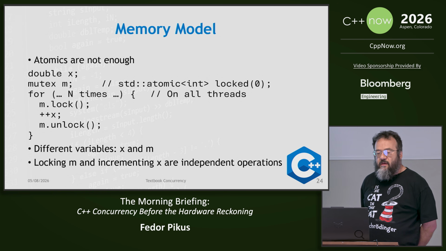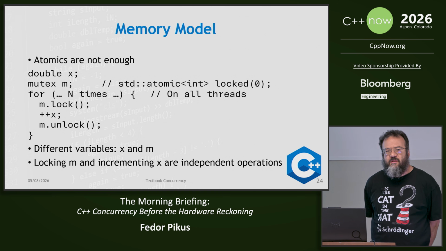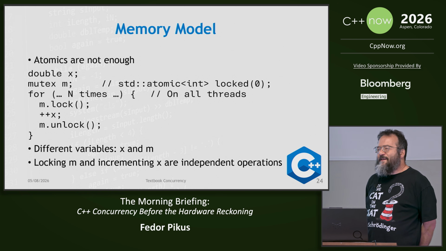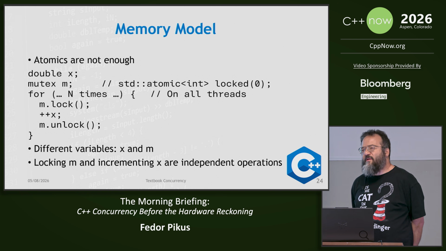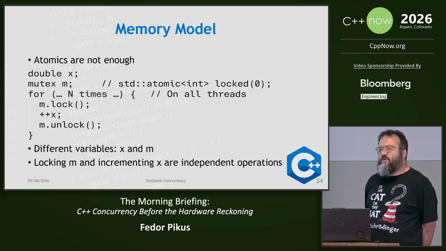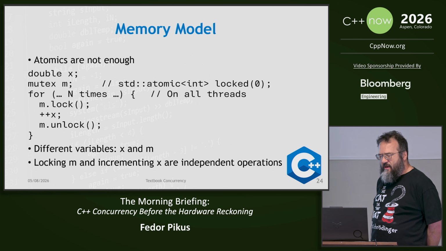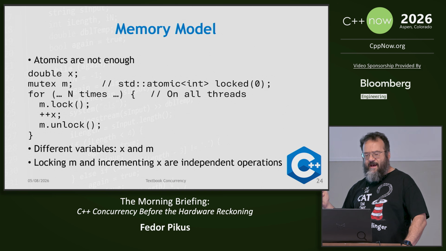All right. Atomics are not enough to write correct programs. A lot of people miss that. In practice, you know what to do, so you don't miss it in practical terms. But it tends to be excluded from the explanation. Let me show you what's missing, what's implied.